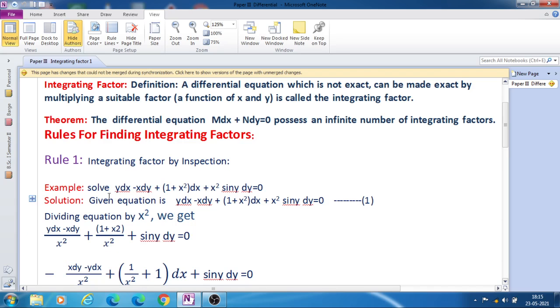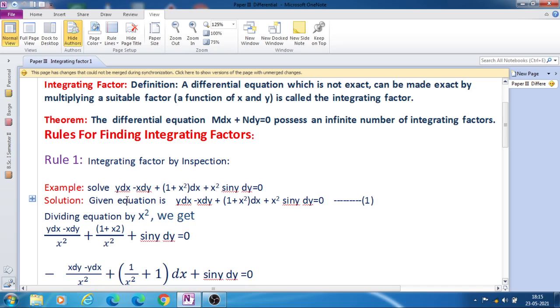That means only by inspecting the given differential equation we can say what factor is to be multiplied or divided, and then that equation will become an exact differential equation.